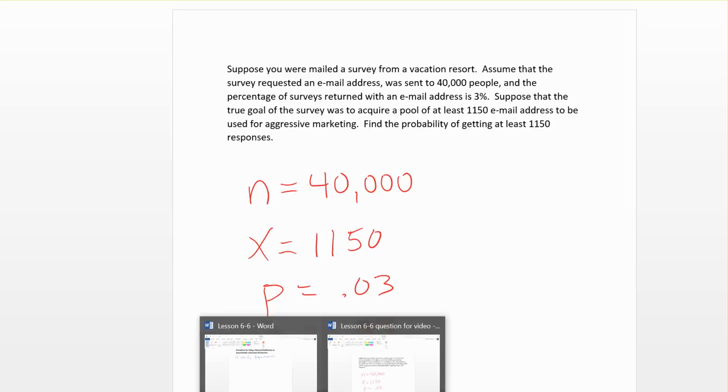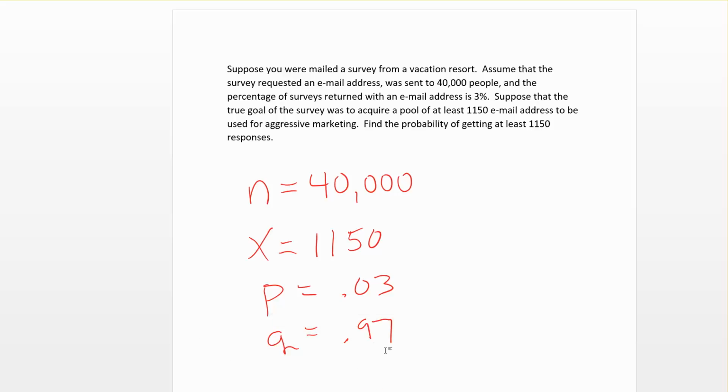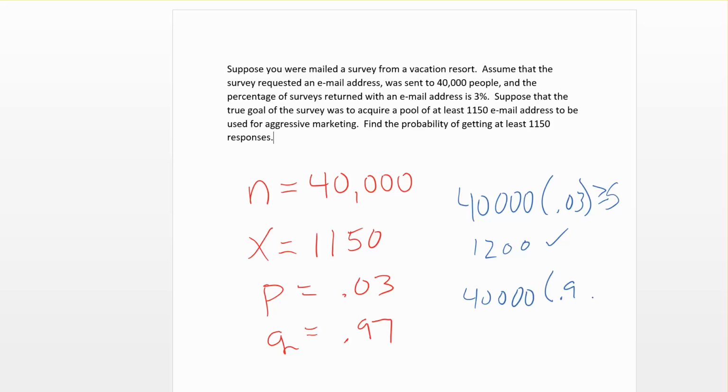The second thing would be, I'll leave it here, is n times p greater than 5. So is 40,000 times 0.03 greater than or equal to 5? And the answer is yes on that one because we got 1,200. So check. And is 40,000 times q, 0.97, greater than 5?